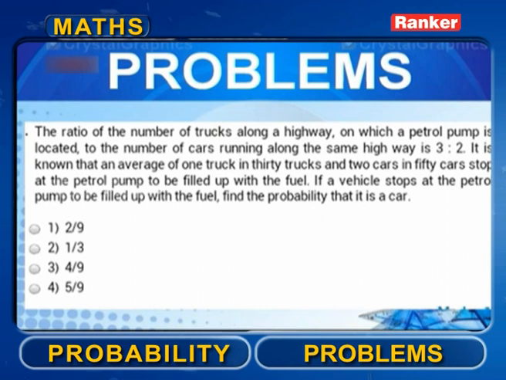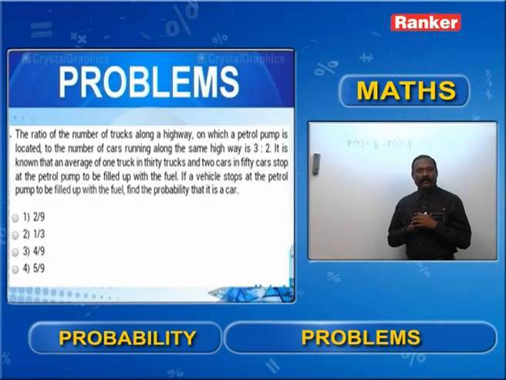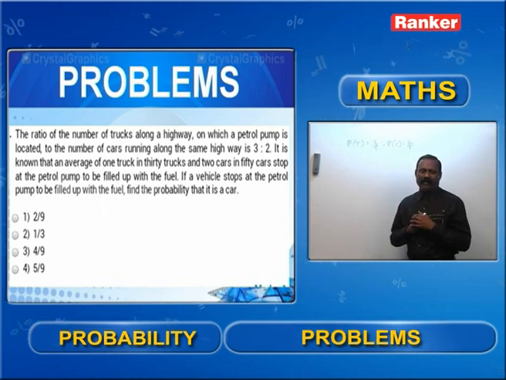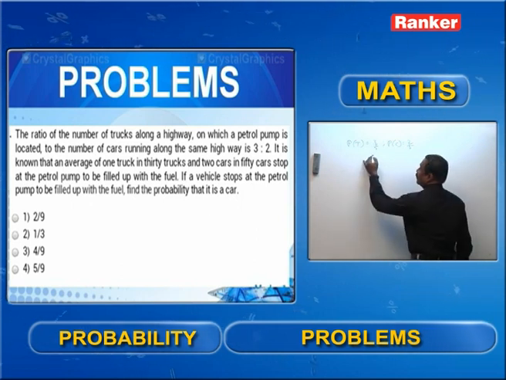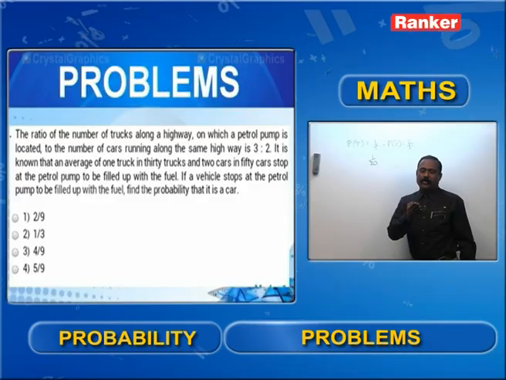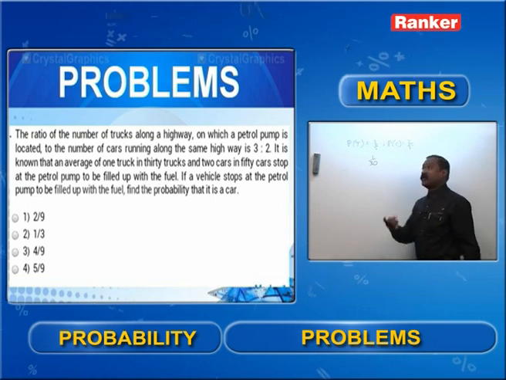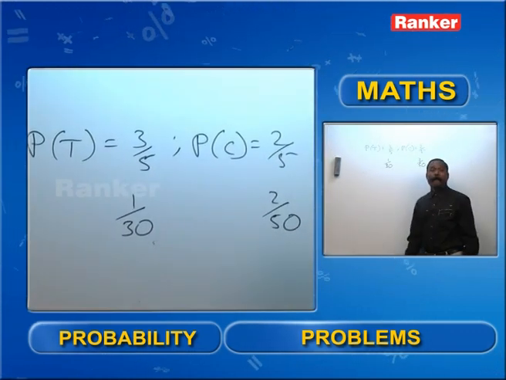So, how many trucks will be filling up the petrol? The probability is clearly given. Average of 1 truck in 30 trucks is given. And similarly, 2 cars in 50 cars to fill the petrol.